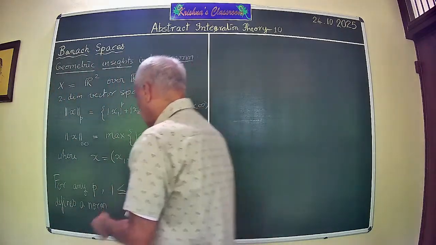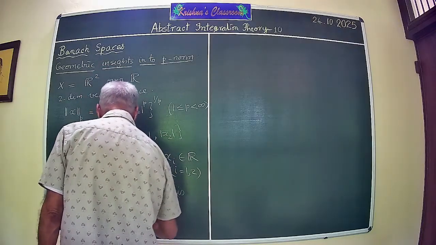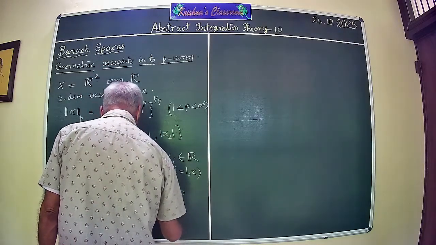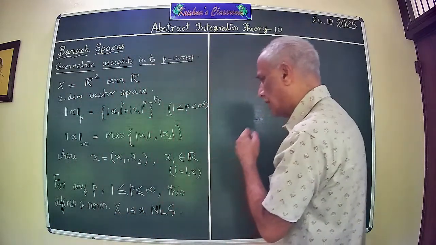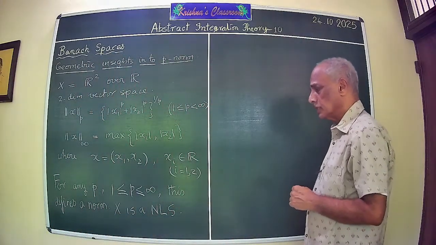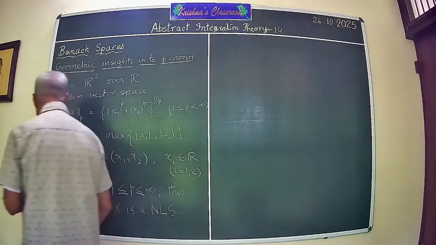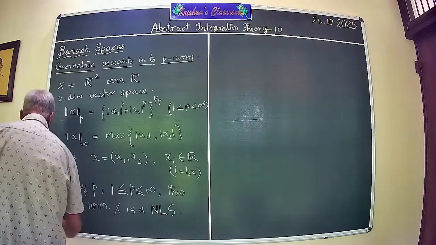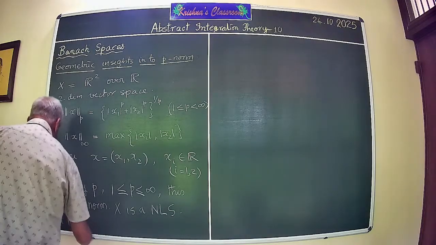Moreover, therefore X is a normed linear space. So for any p, it is a normed linear space. Okay. Now the question that you ask is, is it complete? It is complete.